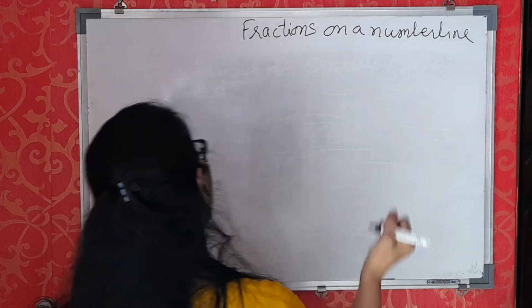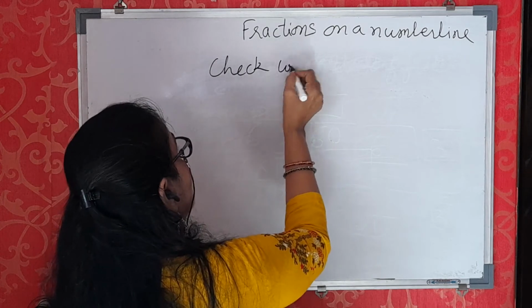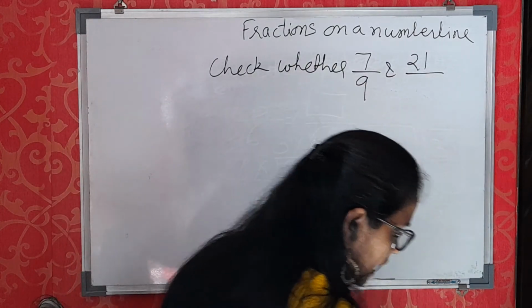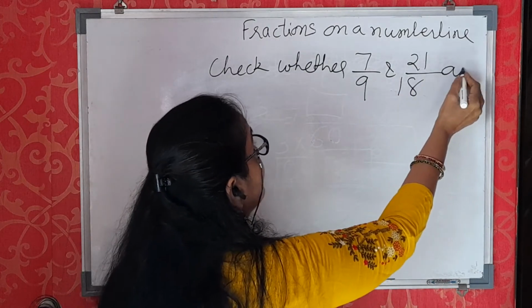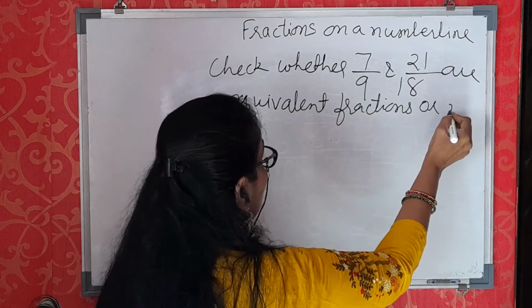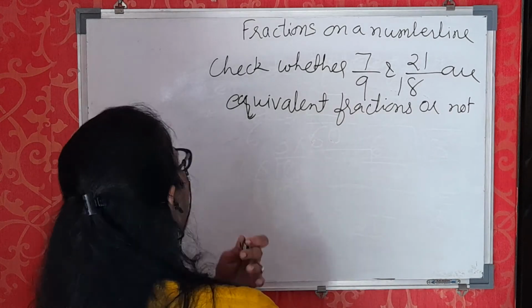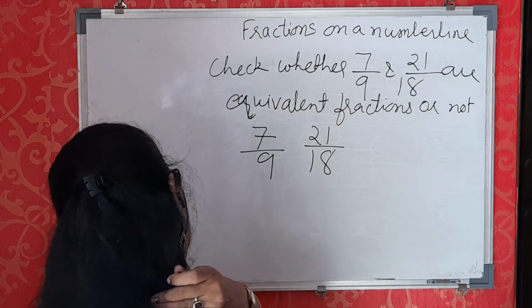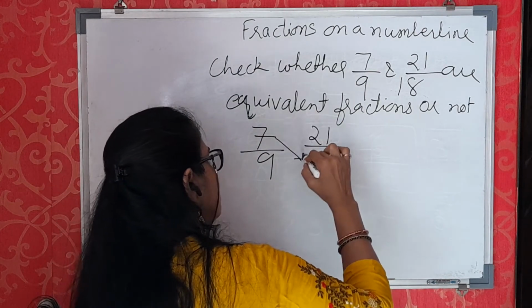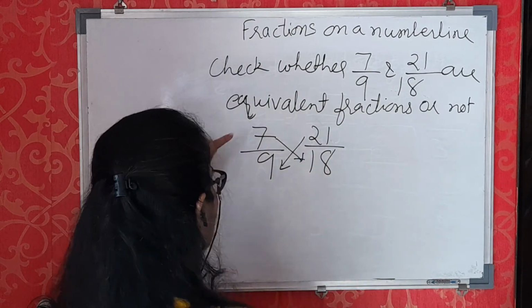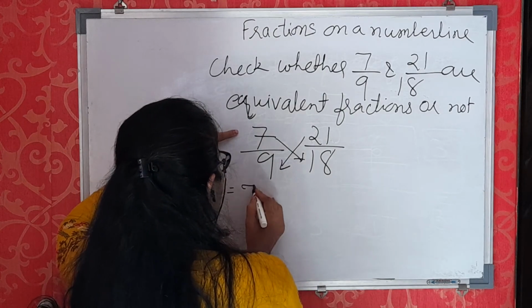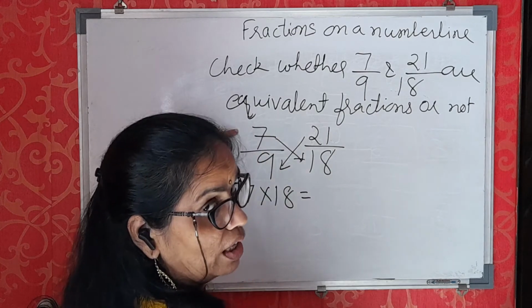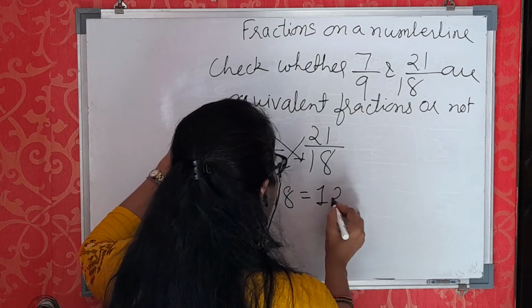Now suppose your question is: check whether 7 upon 9 and 21 upon 18 are equivalent or not. In that case, how will you find out? Simple thing, you have to do the cross multiplication of both the fractions. So the first number is 7 into 18, which is equal to 126.